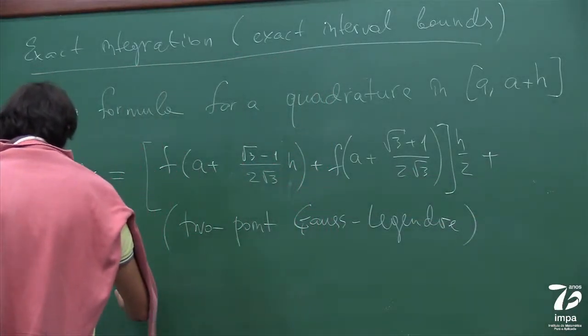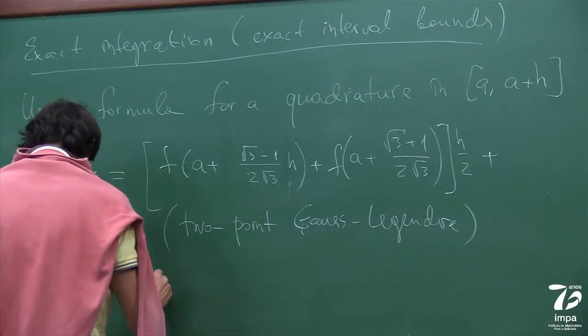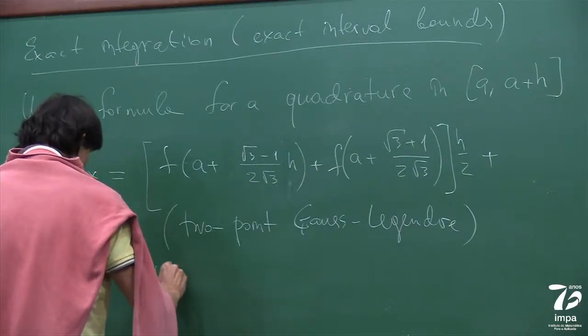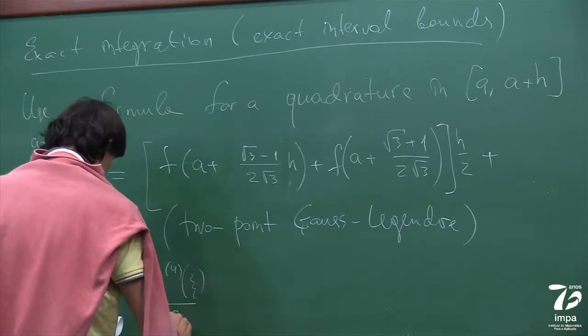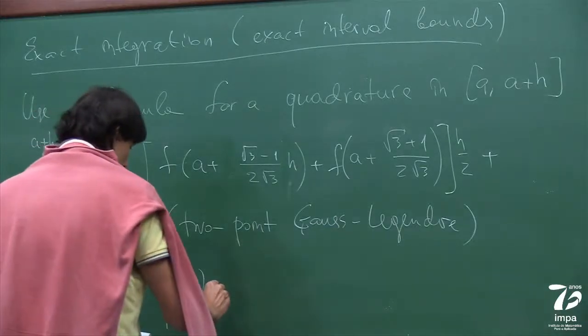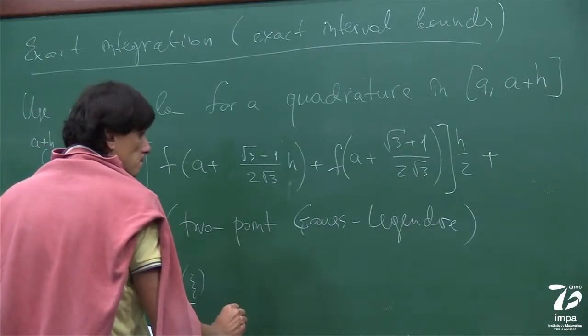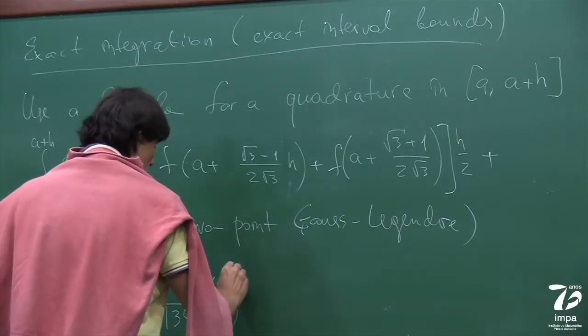The extra term is the fourth derivative at some point divided by 135, and then it should be multiplied by h to the fourth.